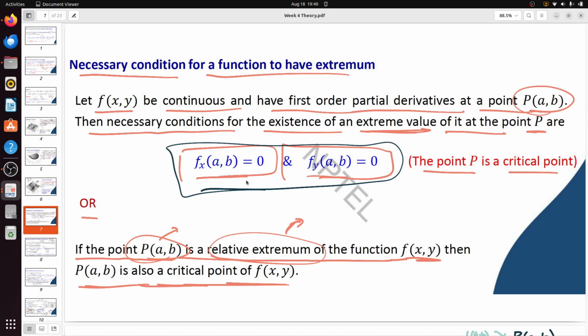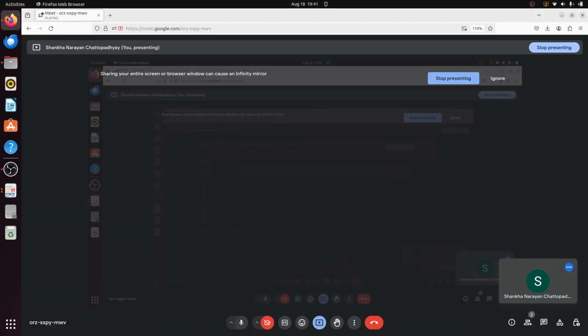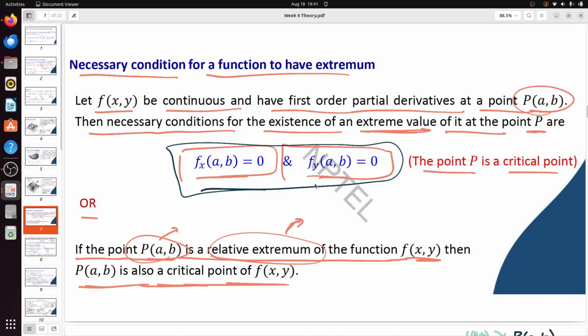Necessary conditions for a function to have an extremum. Let f(x,y) be continuous and have first order partial derivatives at a point P(a,b). The necessary conditions for the existence of an extreme value of f at the point P are fx(a,b) = 0 and fy(a,b) = 0.